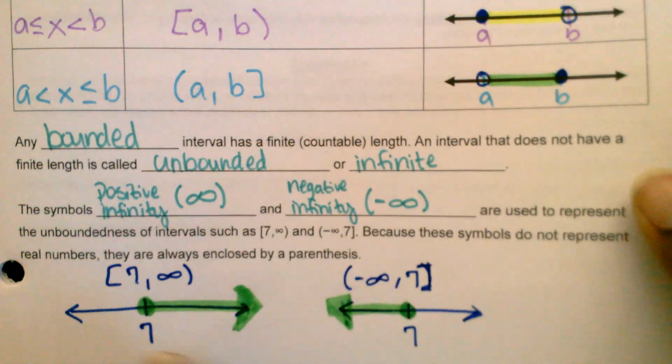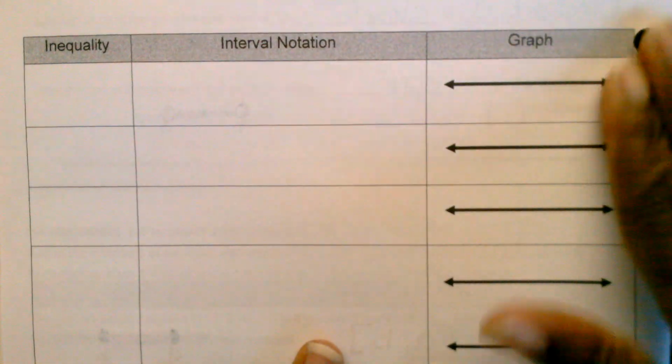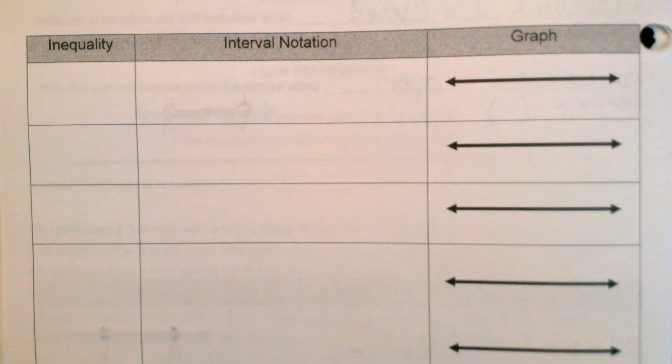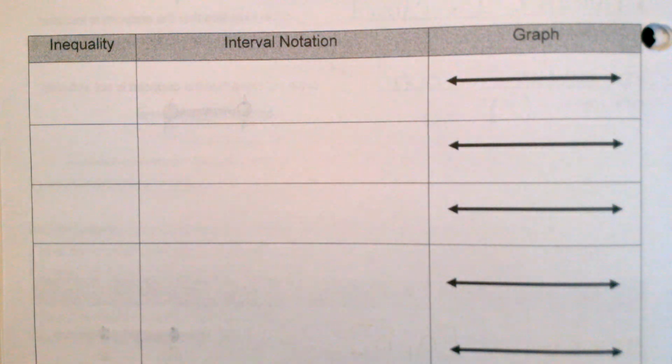Okay, everyone good? Going to the next page. So we're going to do the same thing as before, but our table is going to be with unbounded intervals. All right. So first, the interval notation.